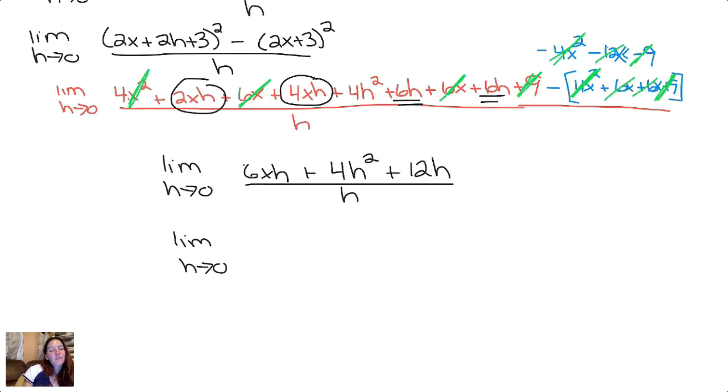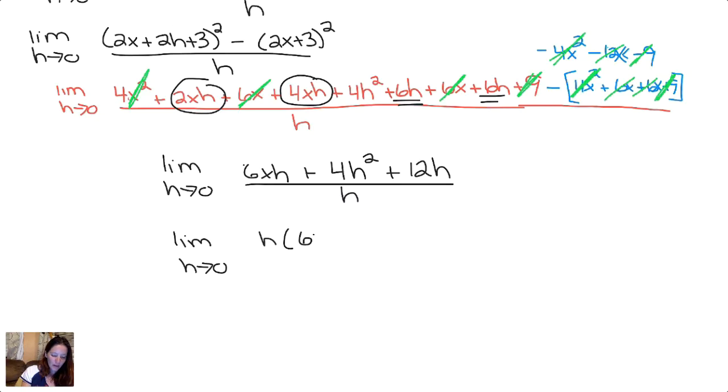The next thing we want to do is get those h's to cancel. I didn't say it earlier, and I totally should have: the first thing that we usually do when we do a limit is plug in h is 0. If you did that, you would have gotten 0 over 0, which means do more work. So that's why we did all of that work, right? Because our goal is to get it so it's not 0 over 0 anymore. It's still 0 over 0 if I plug in 0 here. So I'm going to have to try to get rid of some of those h's so I don't get a 0 anymore.